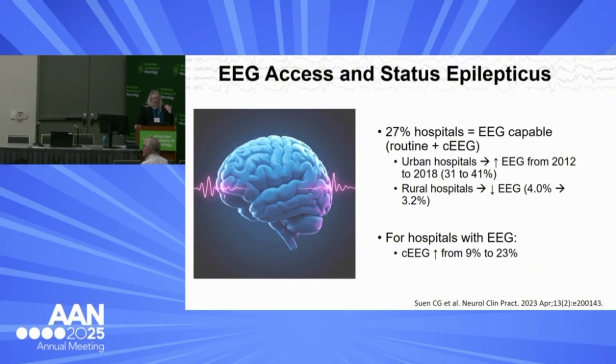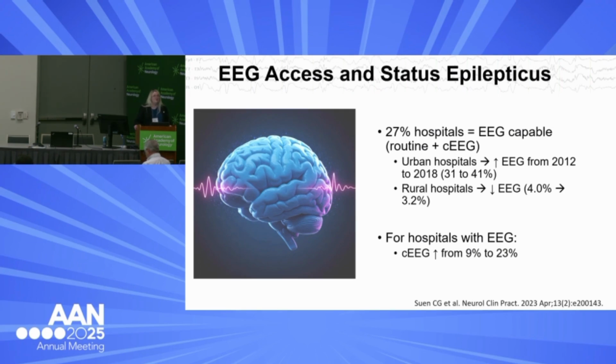In 2012, 31% of urban hospitals were EEG capable. Now that number is 41%. But distressingly, the number of rural hospitals that are EEG capable has declined from 4% to 3.2%.